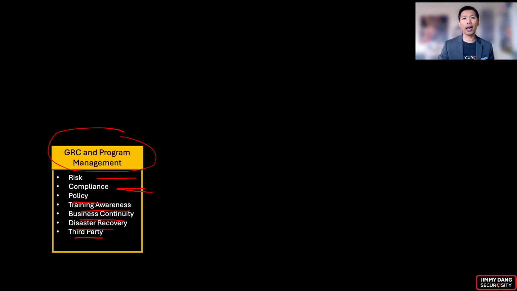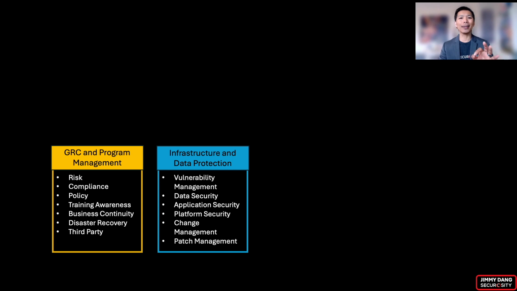Now, the next one we're looking at here is the infrastructure and data protection components. These essential components focus on safeguarding critical assets and ensuring resilience of the IT infrastructure. It encompasses vulnerability management, proactively identifying, prioritizing, and mitigating vulnerabilities across the systems and networks to prevent exploitation.